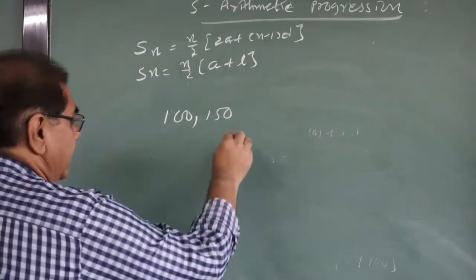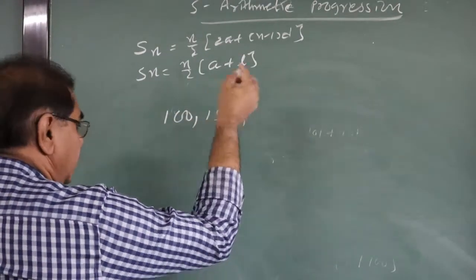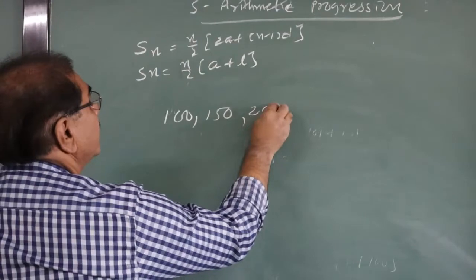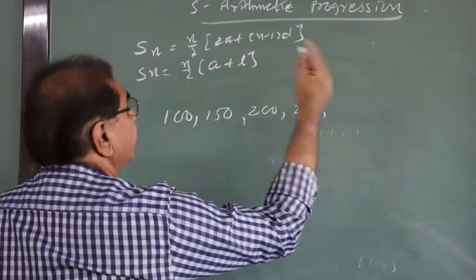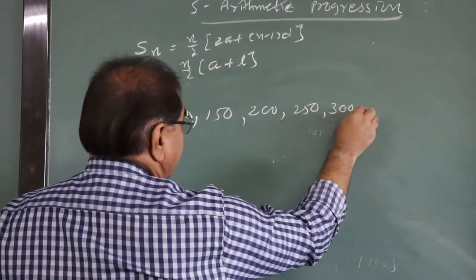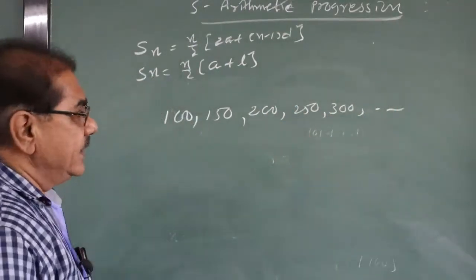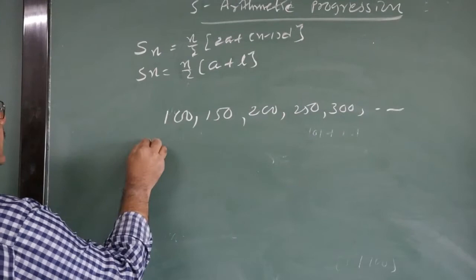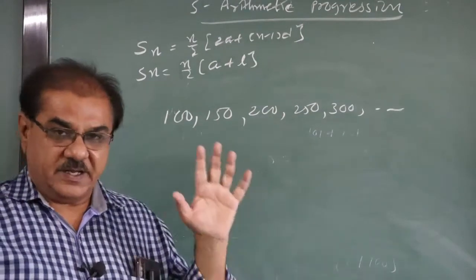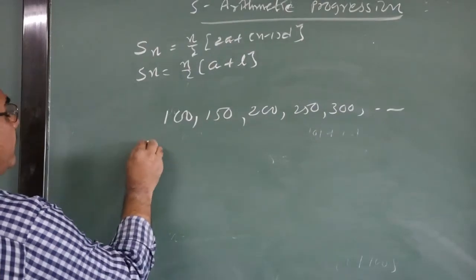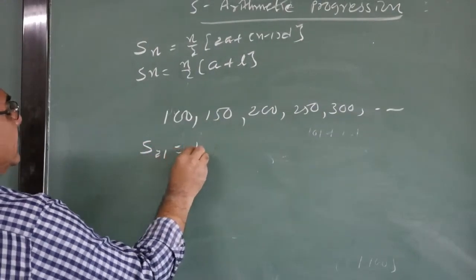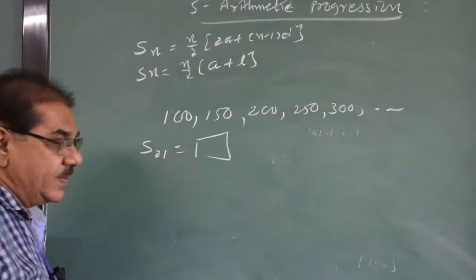On the third birthday, it is 200. On the fourth birthday, 250. On the fifth birthday, 300, and so on. You want to find out the collection in the piggy bank at the end of 21 years. So I want to find S21 for this AP.